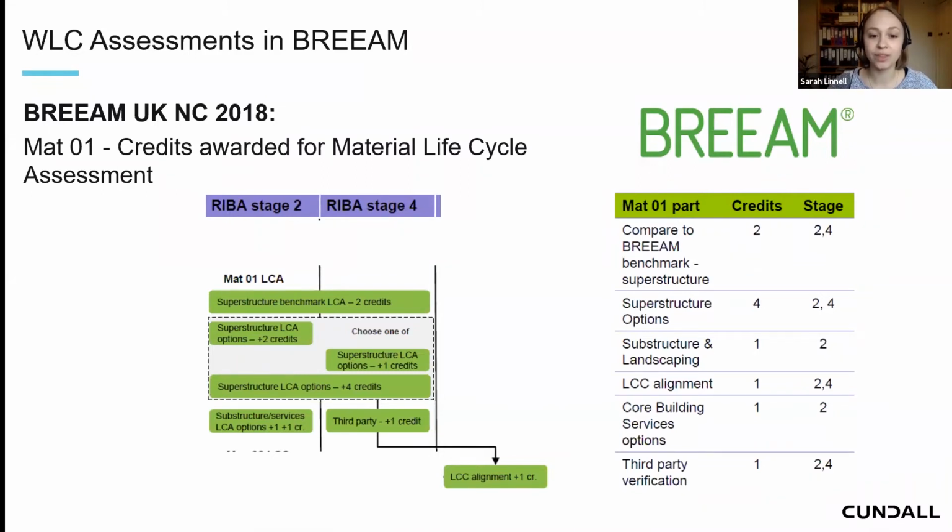And although the Mat 01 issue is not compulsory, BREEAM have recognised the use of LCA methodology as important within the industry at the moment, and that's been reflected in this increase of number of credits available within Mat 01, as shown on the right there. So that brings me on to the next slide.